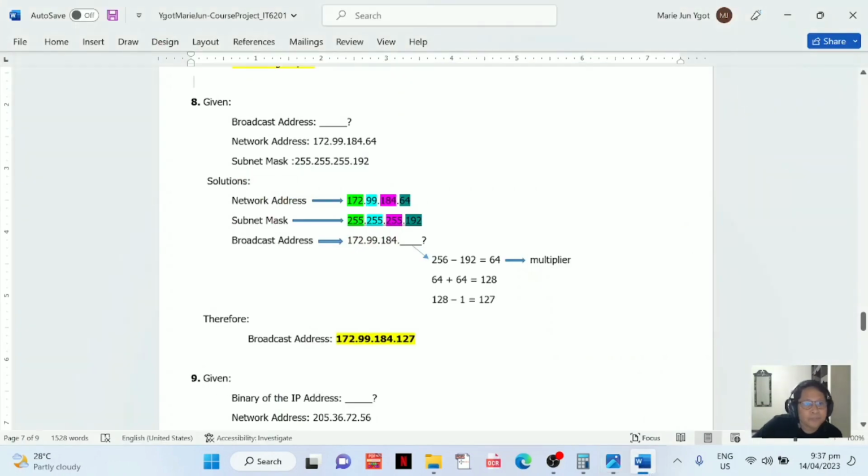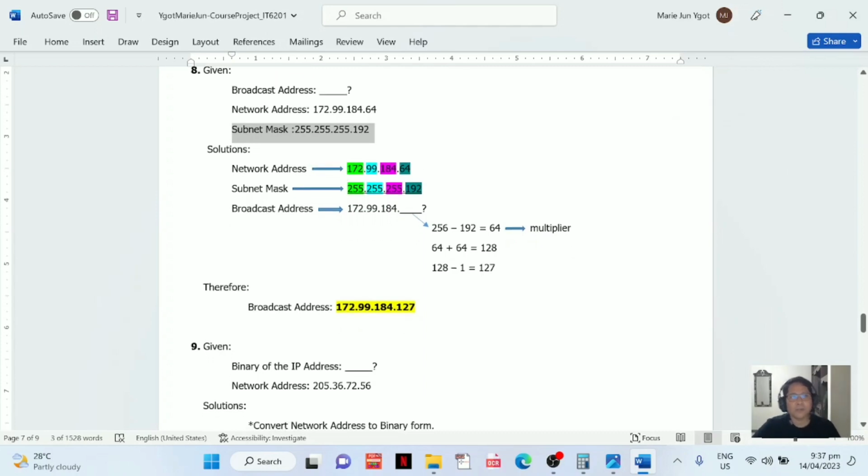Let's go back here. So again, we're going to find the broadcast address. Our given here is the network address and this subnet mask. We already did this just like before. We have a rule: if it's 255 in the subnet mask, we just copy the octet of the network address.